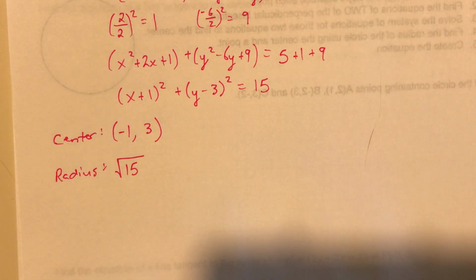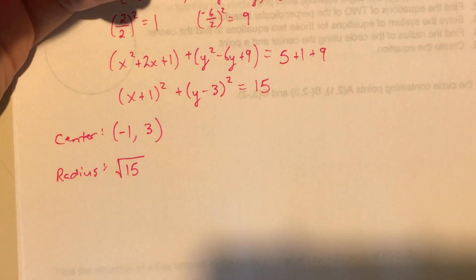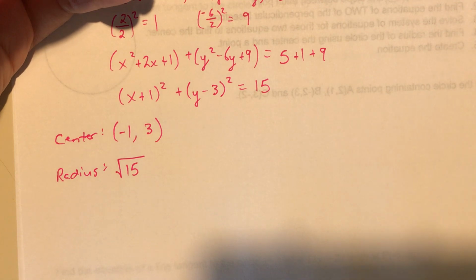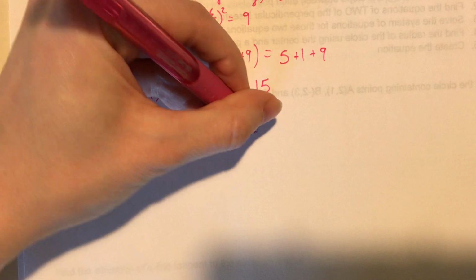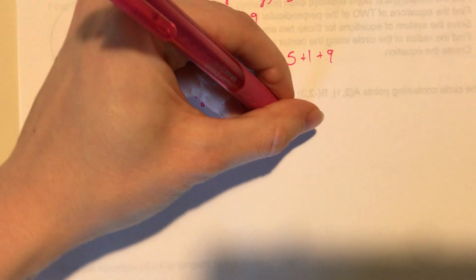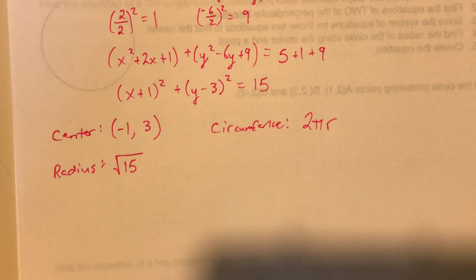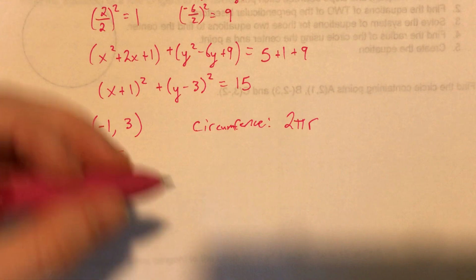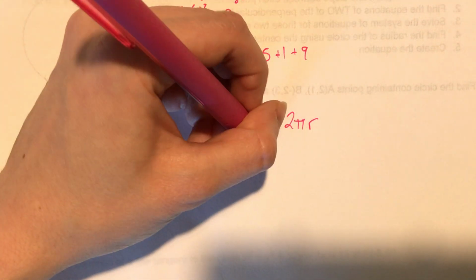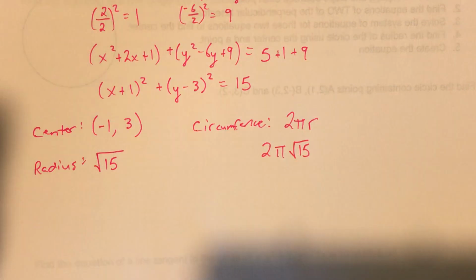So after this, we're going to dig way back deep in our brains and find the circumference formula. Remember the circumference formula? Circumference formula is 2 pi r, or pi times diameter if you prefer, but since we're using the radius, we'll use this. So if we plug everything in, which is only one thing to plug in, we've got 2 times pi times the square root of 15.